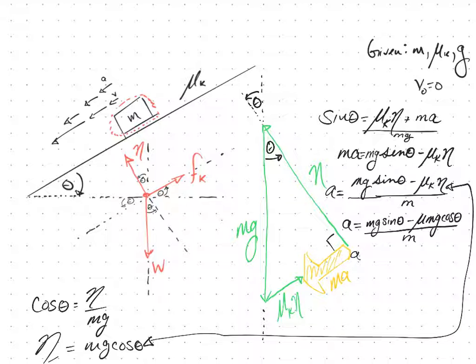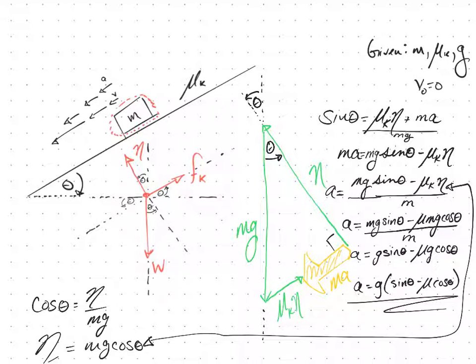And since everything's divided by m, I can eliminate m from every term. So what I have is g sine theta minus mu g cosine theta. And I can factor out g, and then I have g times sine theta minus mu cosine theta.